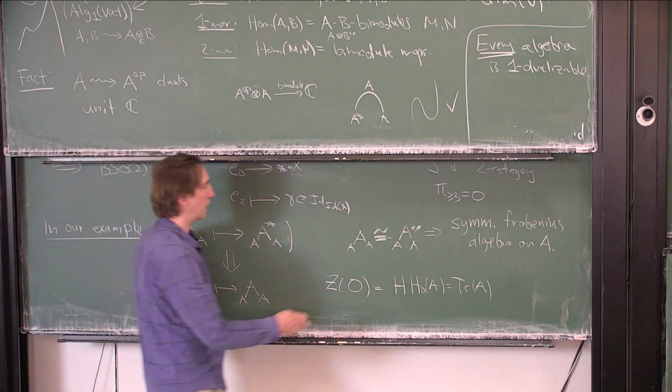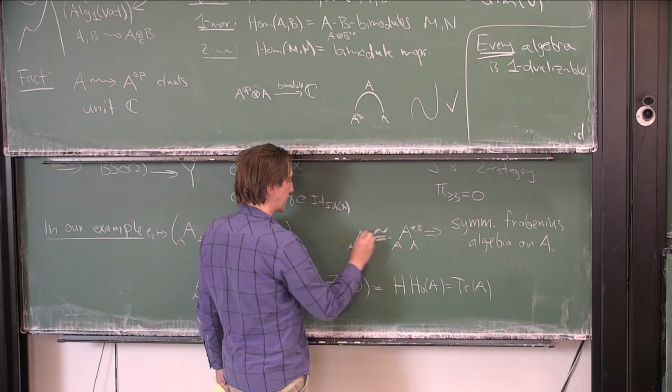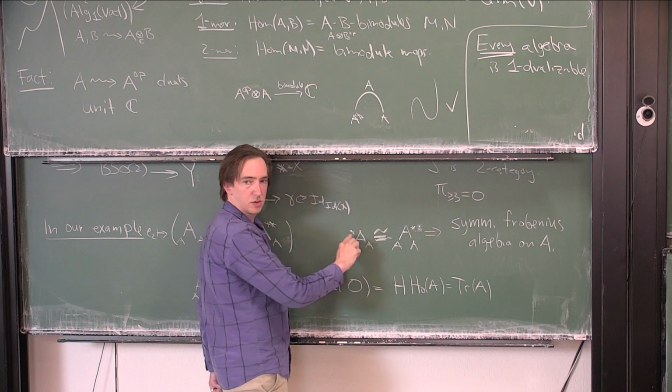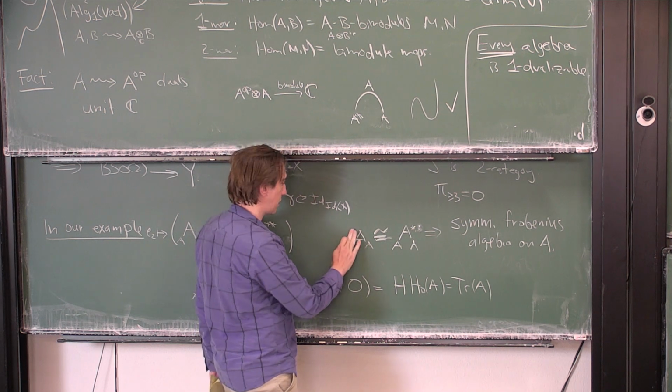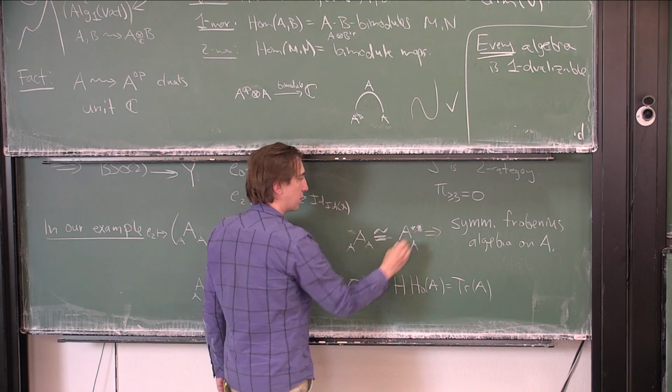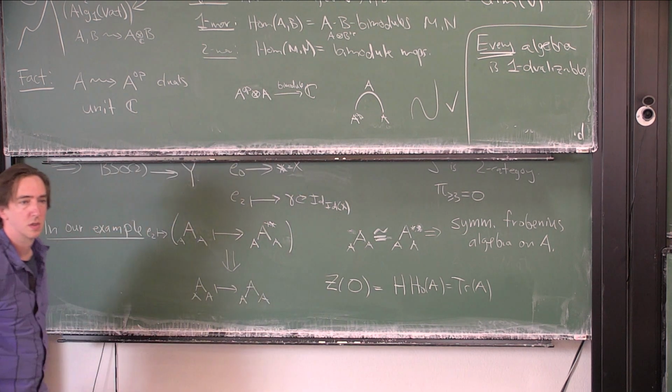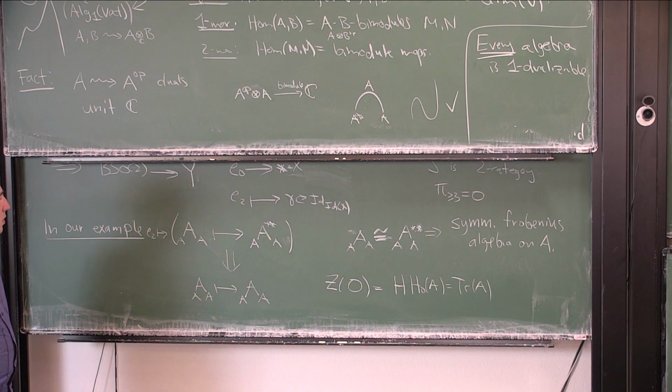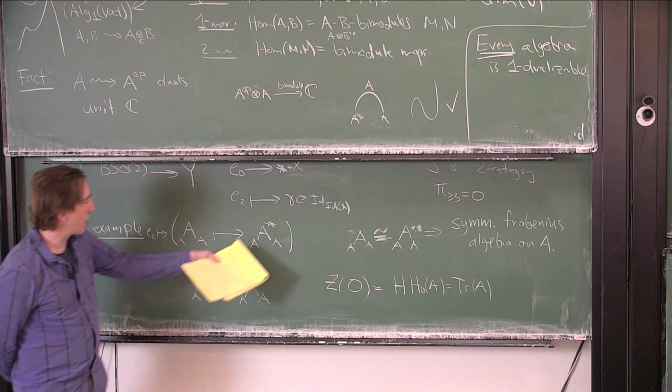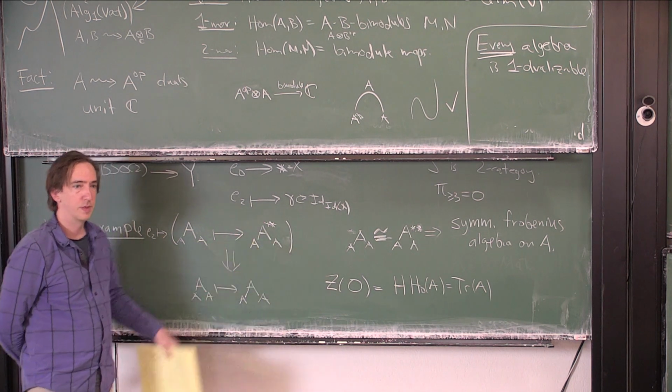No, I think you're remembering another formulation of a symmetric Frobenius algebra that would have me put two different duals here. But no. As a related question, can you maybe explain where the double dual comes from? Why is the double dual appearing in this formula?